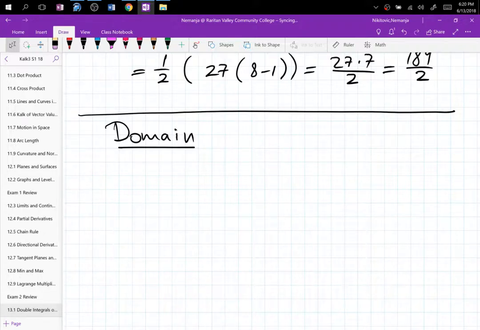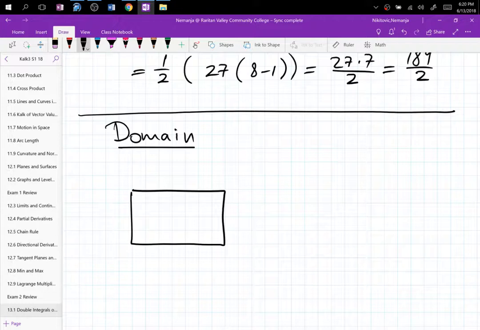everything as you are trying to set up integrals. You have to have a skill of figuring out the domain, or the region over which you are integrating, and in this case it's the easiest case. So I'm just going to put a random rectangle here, and a random x-axis and y-axis.